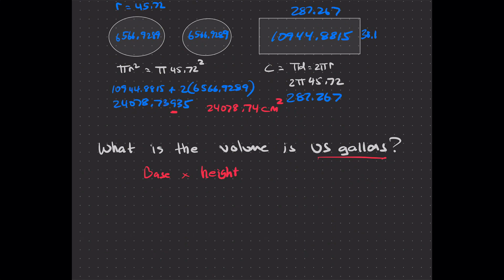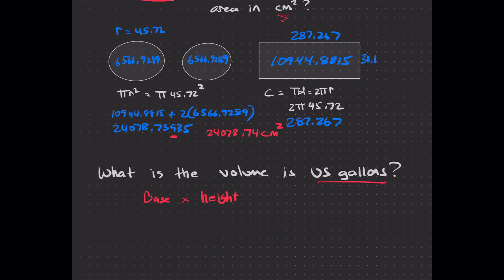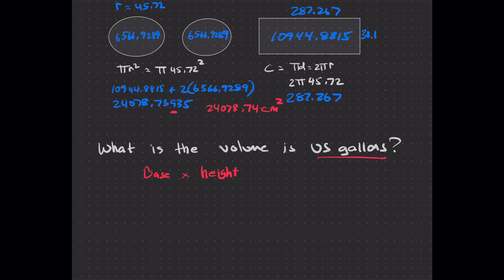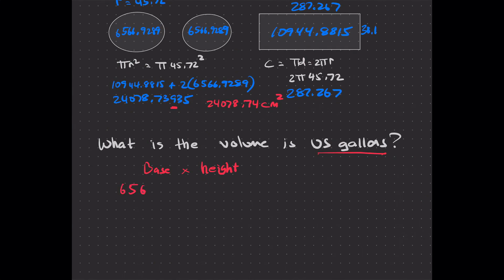Now right now we're in centimeters, so the base is 6566.9289 times the height, which is 38.1, and that is going to multiply out to 250,199.9911, and that will have the units of centimeters cubed.